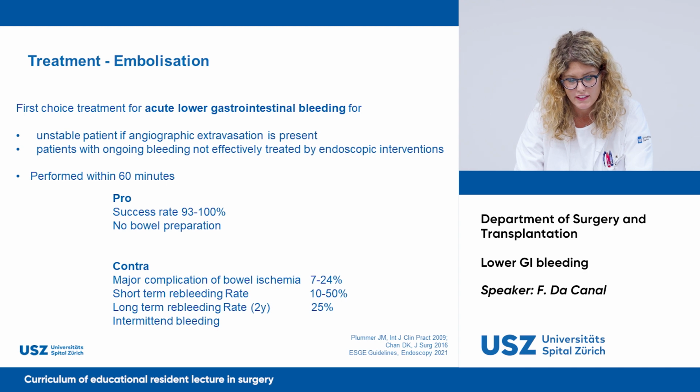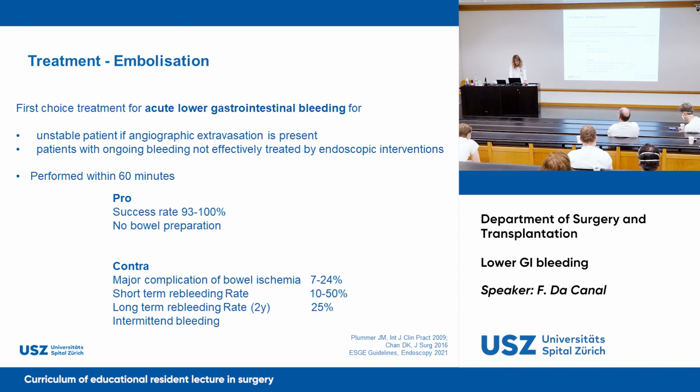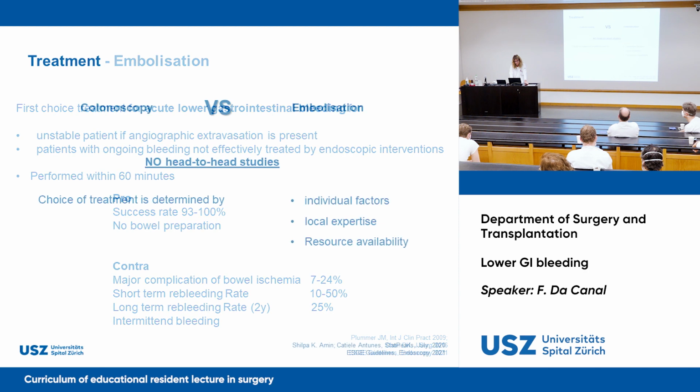It also has major complications, such as bowel ischemia in 7 to 24% of cases. It has a short-term rebleeding rate of 10 to 50% and a long-term rebleeding rate of 25% at 2 years.